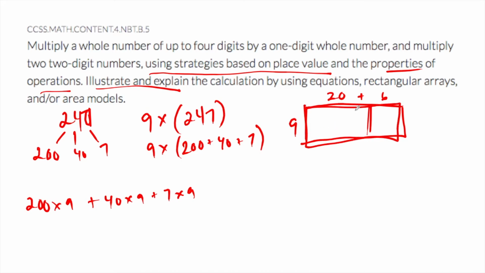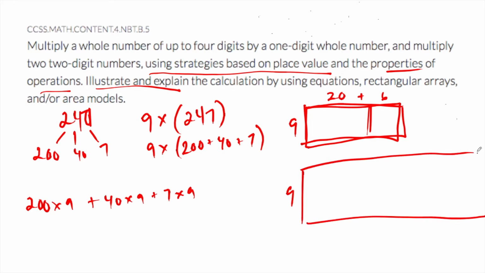They learned that in a really basic way, and so now we can just extend that and say, okay, well, let's multiply 9 times every part of 200 plus 40 plus 7. And this can be represented with an equation.